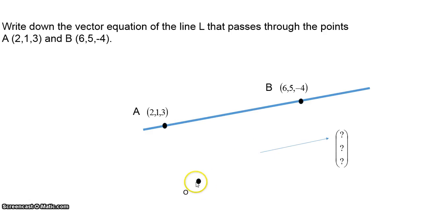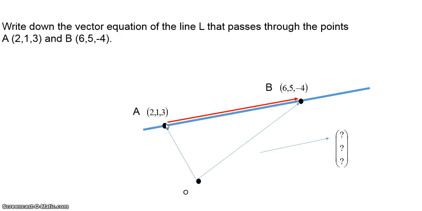Okay, so of course they have the origin. So the next step we need to do is obviously to find the direction of this line. You can see that actually the direction is from here to here, and this direction AB is actually parallel to the line. Right, so if you can find AB, we are done. That is the direction vector. So in this case, what is the vector AB?